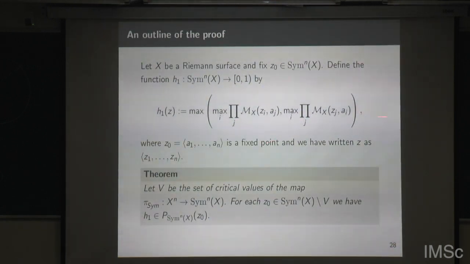So I define this function h1 in this way. Then we have that away from the critical set of the map pi sim, this function h1 is there in P_{sim n X}(z0). So this is a function that is there in that collection of functions whose supremum is nothing but lambda_X(z, z0). So I construct this function and show that it is there in that collection.